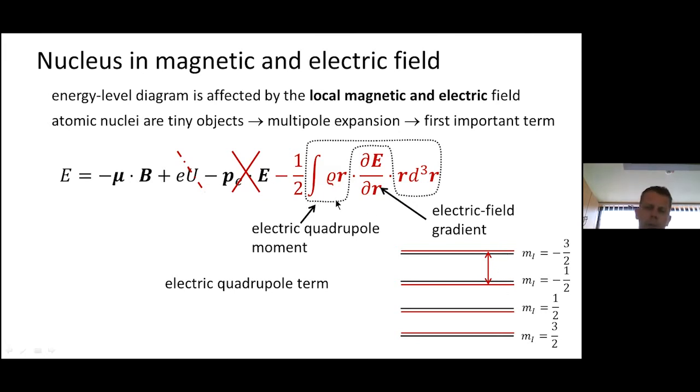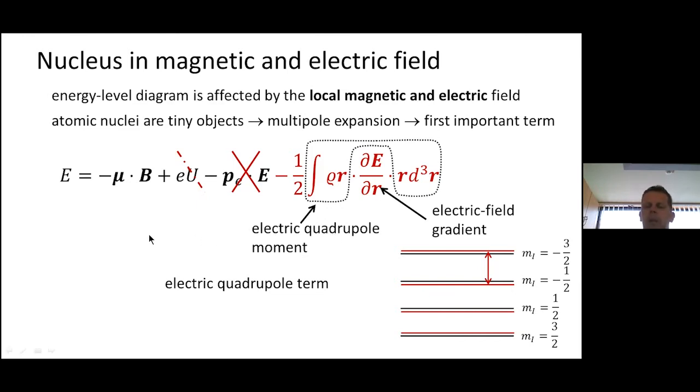What I should note here also is that only nuclei that have spin quantum number larger than 1/2, so spins with 1, 1.5, 2, 2.5, and so on, such nuclei have electric quadrupole moment.